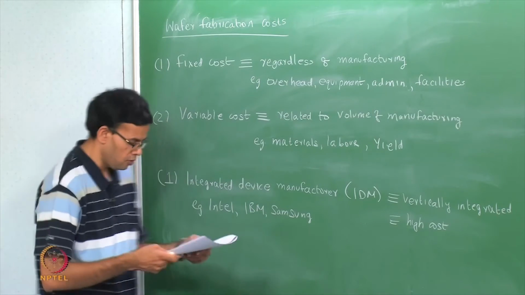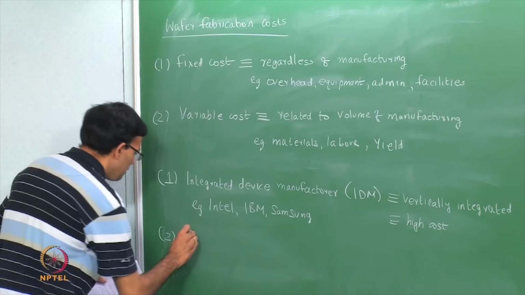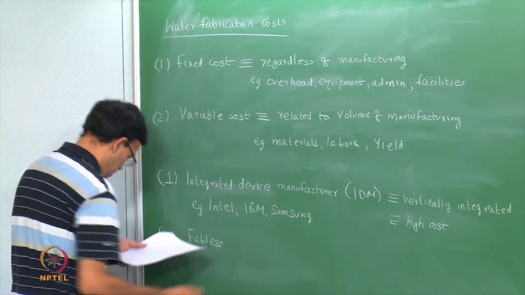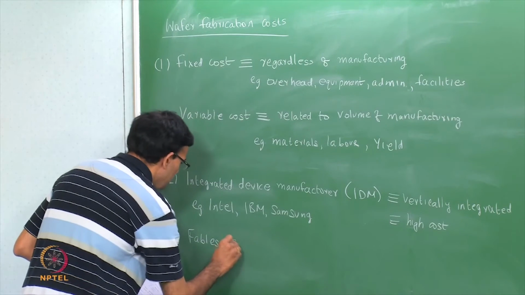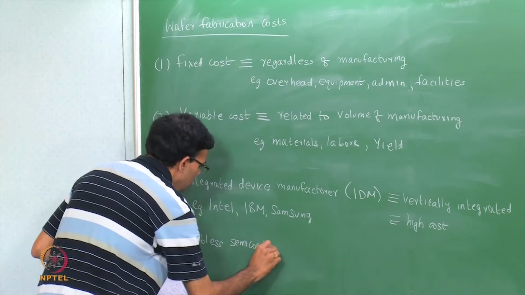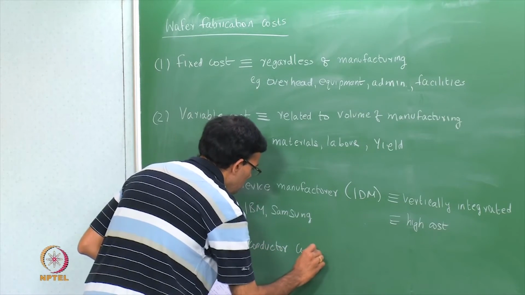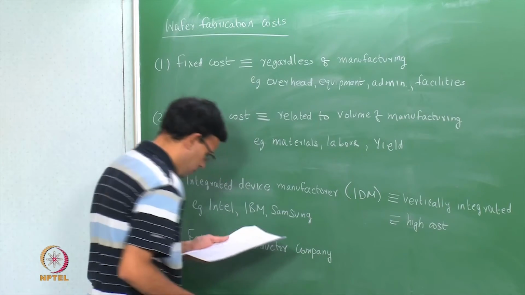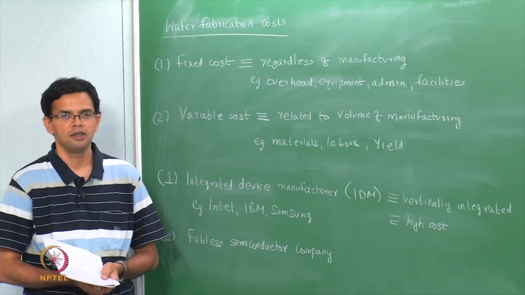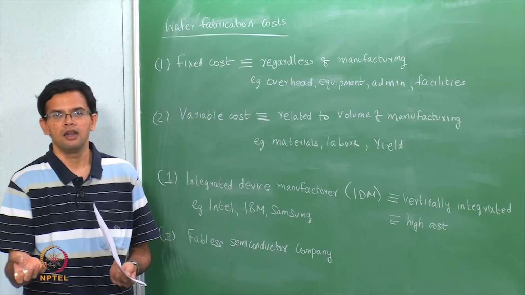The second kind of company is a fabless semiconductor company. So, these are companies that make the circuit design, but then the chip manufacturing is done by another company.